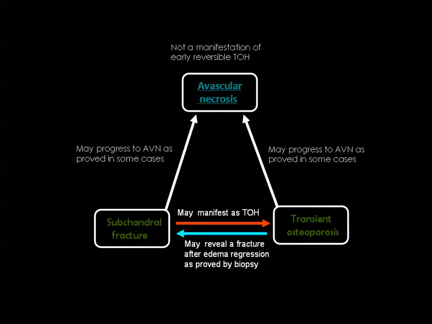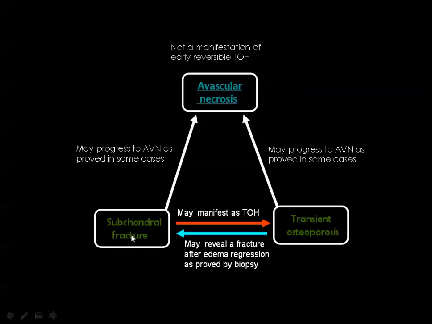So in the literature you will be confronted by this diagram, which indicates that a transient osteoporosis or migratory osteoporosis may progress to avascular necrosis with the development of the line separating the normal bone from the dead bone.